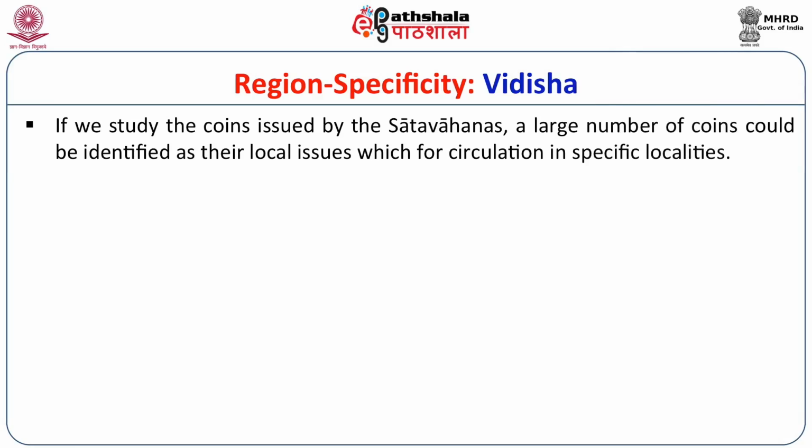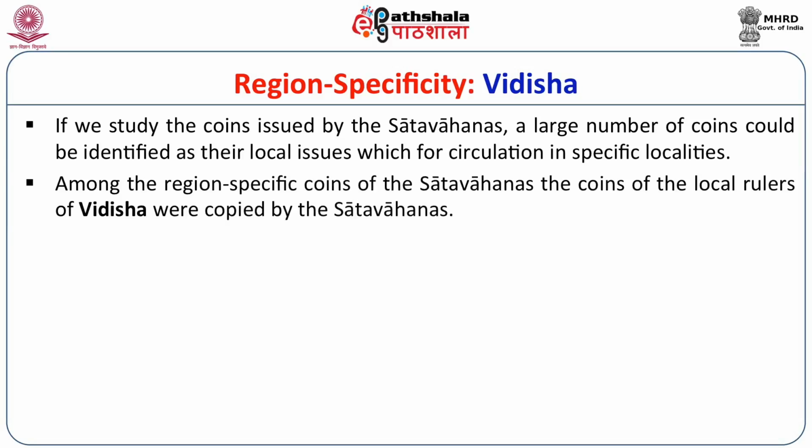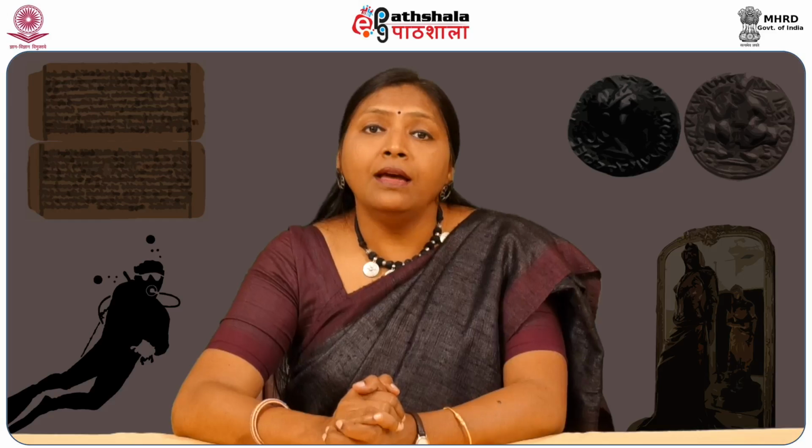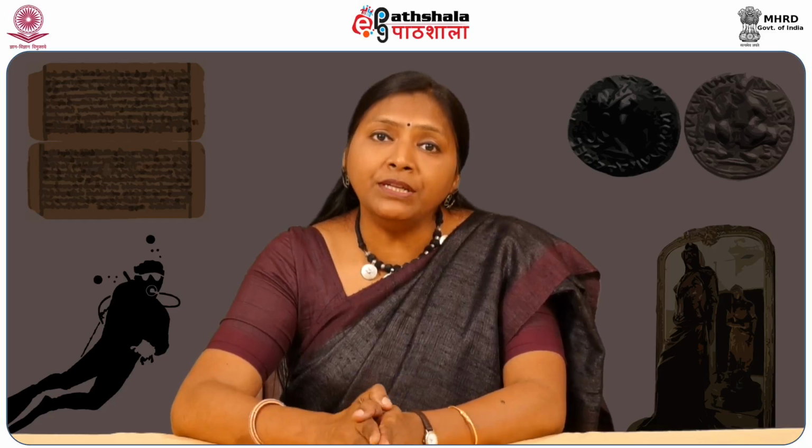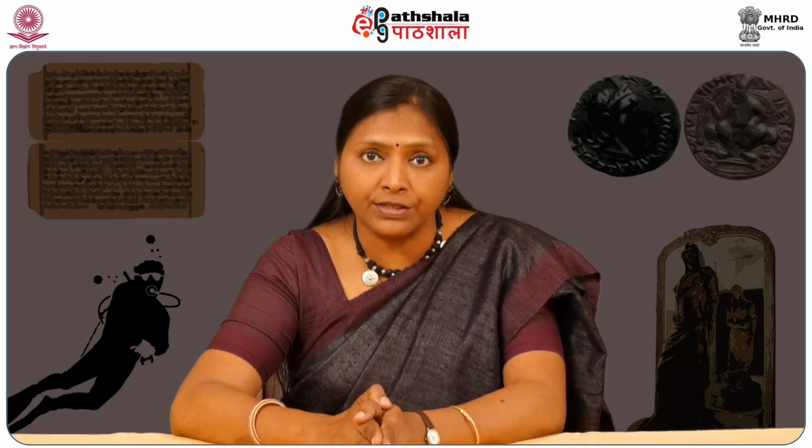If we study the coins issued by the Satavahanas, a large number of coins could be identified as their local issues, for circulation in specific localities. Among the region-specific coins of the Satavahanas, the coins of the rulers of Vidisha were copied by the Satavahanas. This is basically an imitation of the type of Vidisha, which we have discussed in the pre-Satavahana coinage.